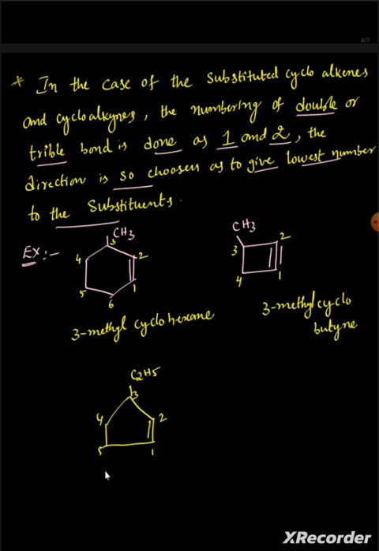Okay, the name of the compound is 3-ethyl cyclopentene. Okay, like this we are giving names for substituted cycloalkenes and substituted cycloalkynes.